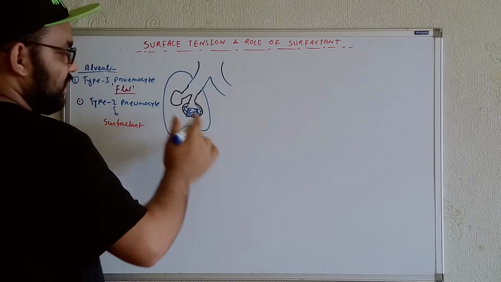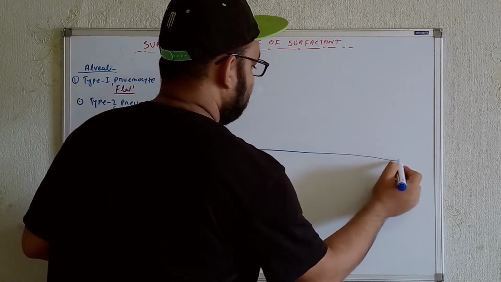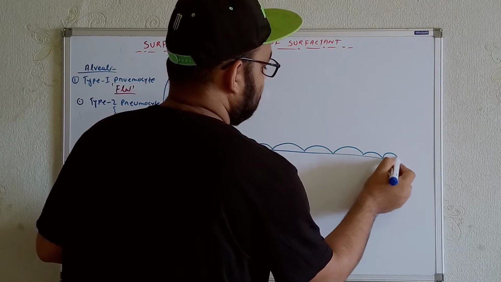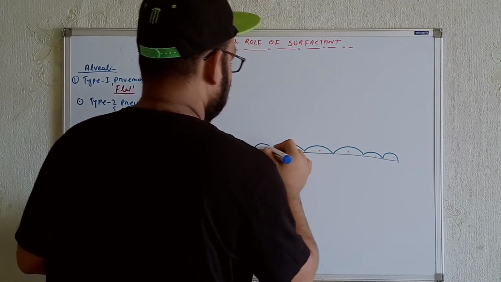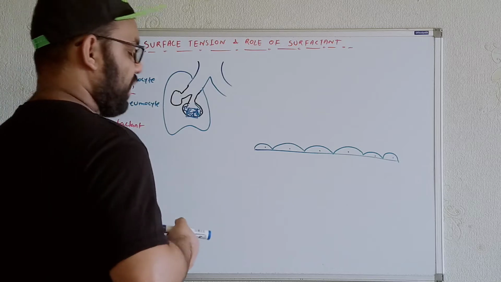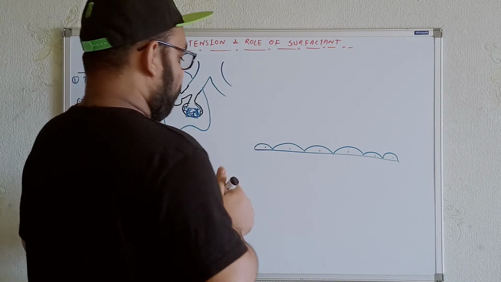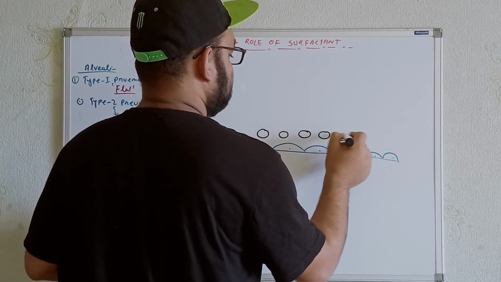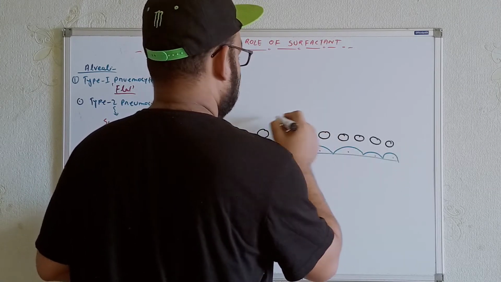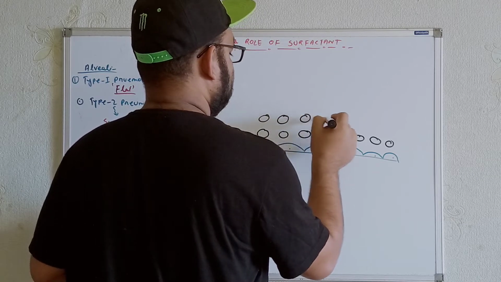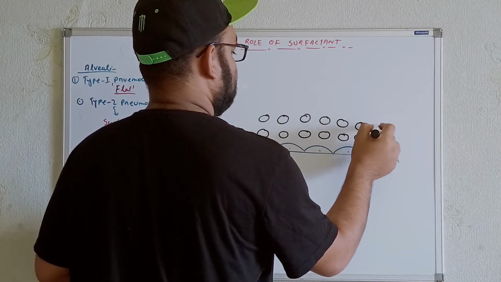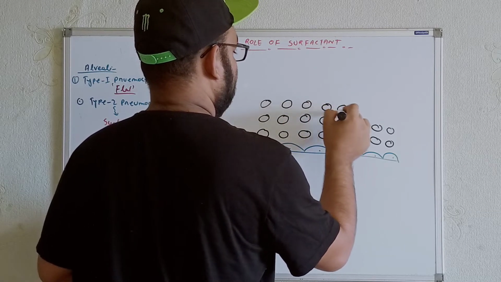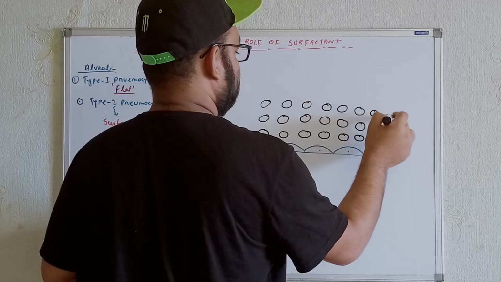At first we'll get the type 1 pneumocytes, then around them we'll get the fluid layers. Now let's try to understand from this figure what we can get further. Let's draw up to this much, and I think it will be enough to understand.